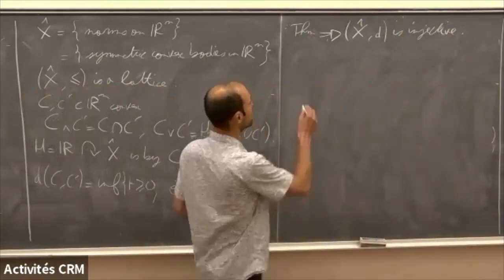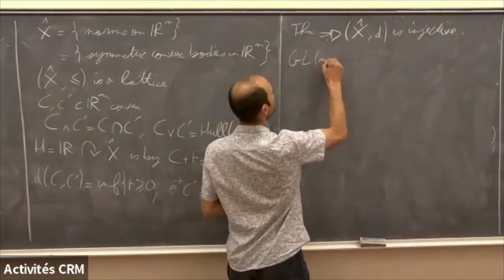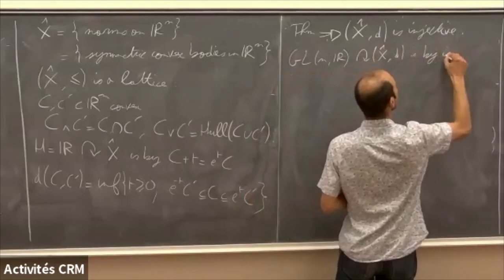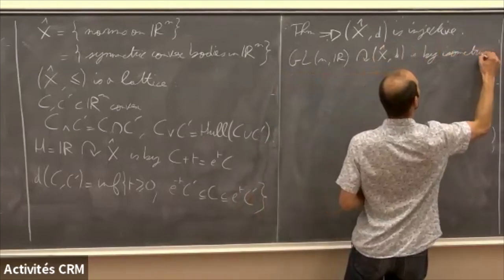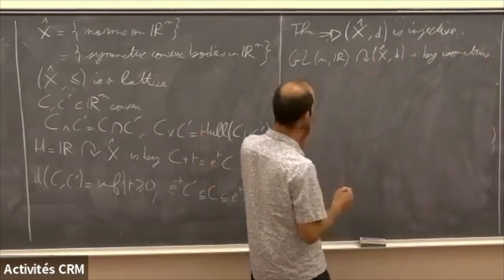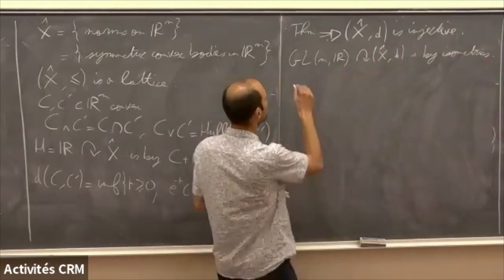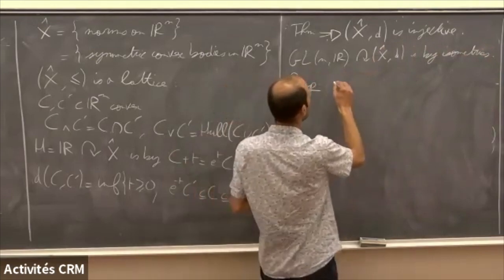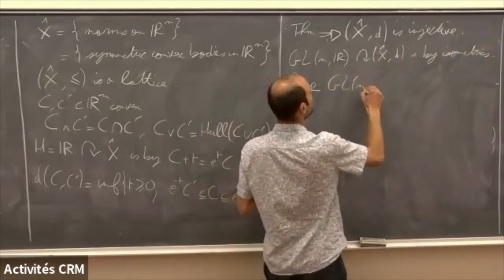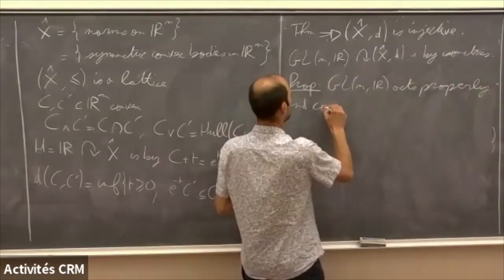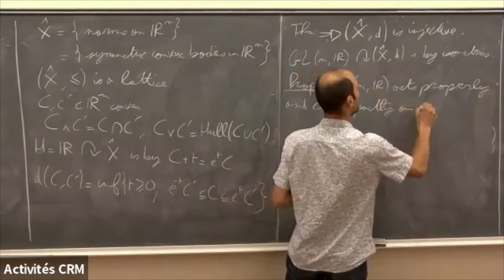So we have a natural action of GLNR, it is by isometries, simply because it commutes with the diagonal action and it preserves the order. And it's a simple remark that GLNR acts properly and co-compactly on X hat.